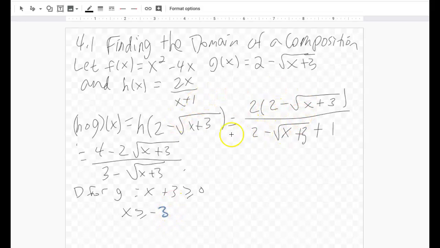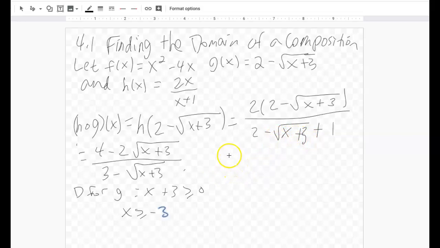We put that to the side now, and we know that for x greater than or equal to negative 3, we are going to get a whole bunch of different outputs. All those outputs are going to be on the top and now on the bottom. And now it's like, okay, I have a rational function. With rational functions, I have to worry about the denominator. The denominator cannot equal 0.